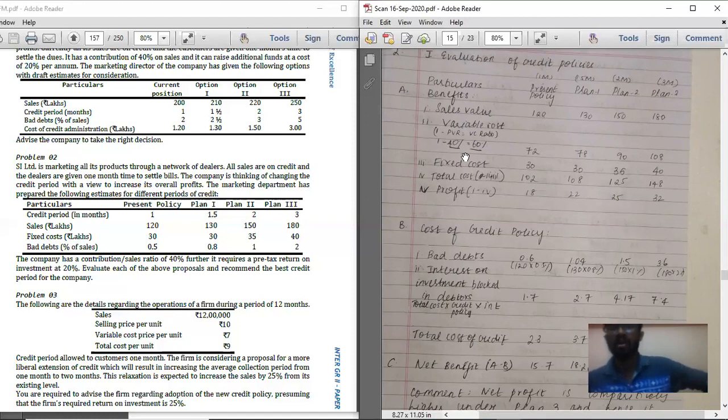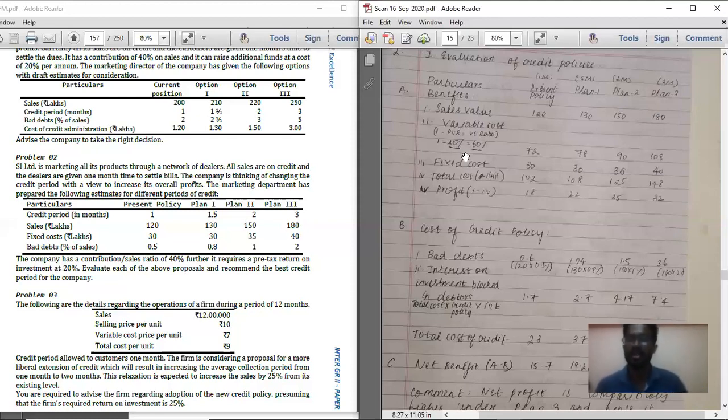So on this sales value, if you multiply 60%, that is variable cost. What is the sales value for present policy? 120. 120 into 60%, that is 72. Present policy 72. For plan 1, 130 into 60%, that is 78.